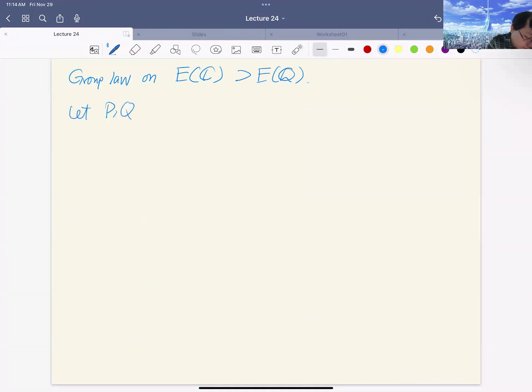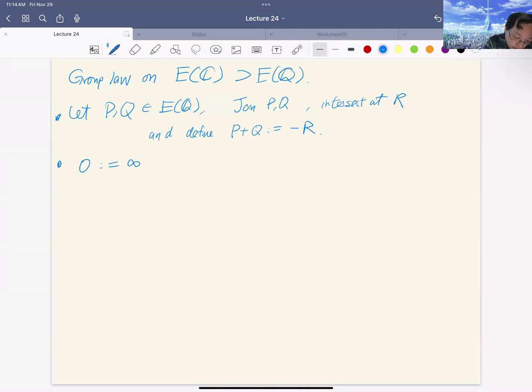If I have 2 points on the curve, then I can join P and Q, intersect at R, and define P plus Q to be the reflection of R. And I will also set 0 to be the infinity point of my group.